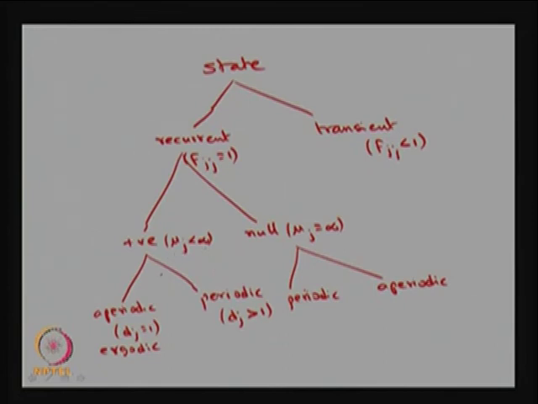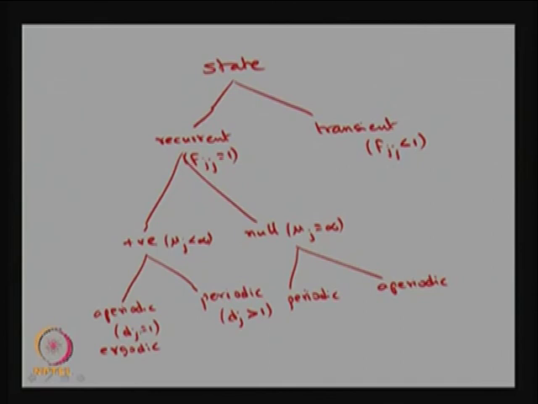Based on whether the summation is finite or infinite, that means whether the mean recurrence time, mean return time or mean first passage time is a finite or infinite quantity, you can conclude whether that recurrent state is positive recurrent or null recurrent. So, here you need a computation, whereas by seeing the state transition diagram, sometimes you can conclude that it is positive recurrent or that it is a transient or recurrent state.